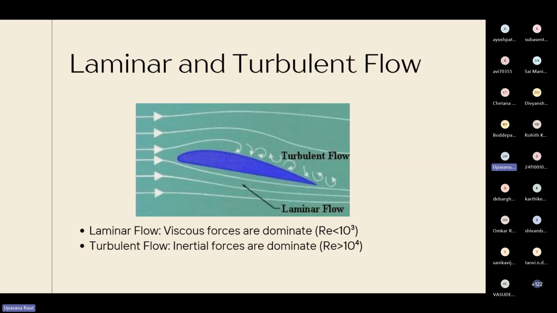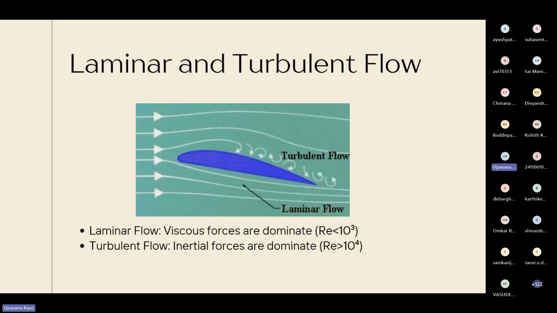But if we find the Reynolds number to be more than 10 to the power 4, then that flow would be called turbulent flow. In this flow, the inertial forces would be dominant. So, what do you mean by viscous forces are dominant? It means there would be viscosity within the flow, right?